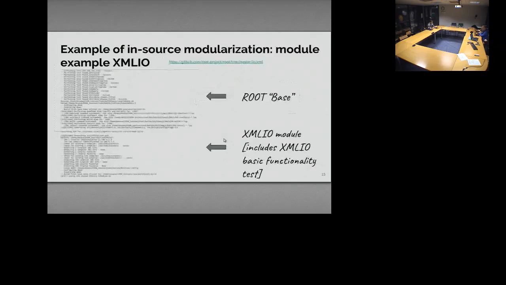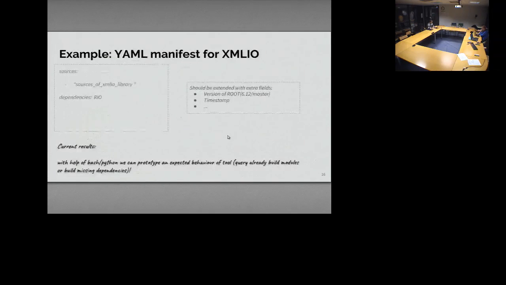I know it's a screenshot and probably not visible, but here we're building root base, and on top of it we were able to build XML.io model, and then just include in test. We also included tests of XML.io basic functionality to be sure that the process was successful.